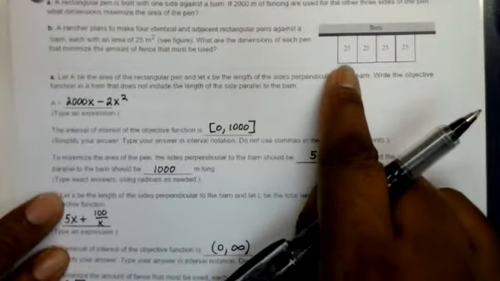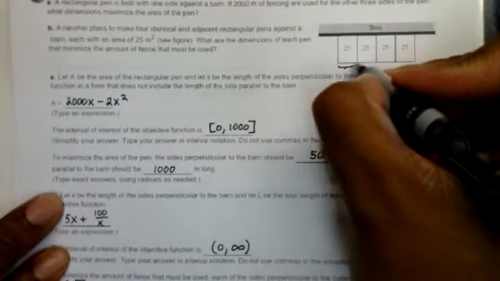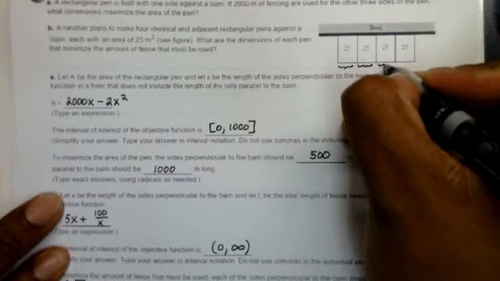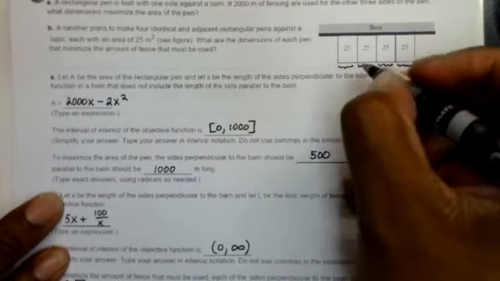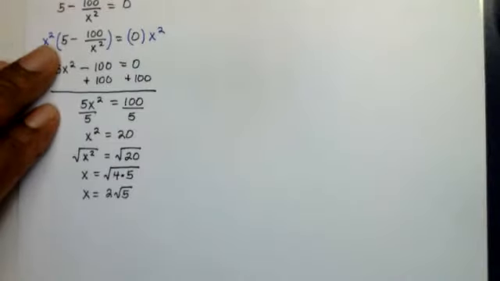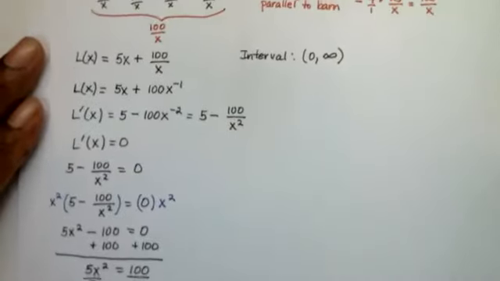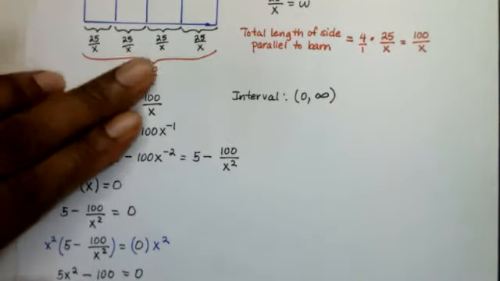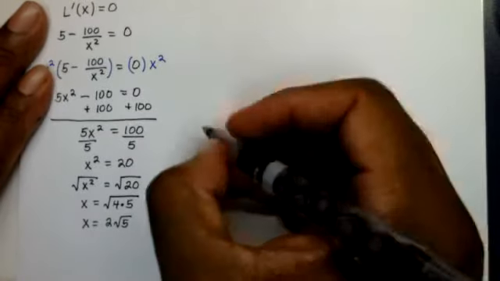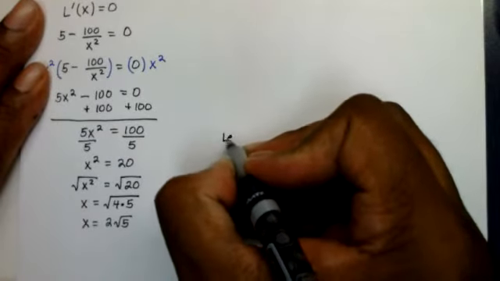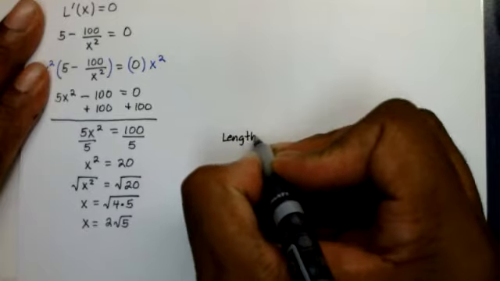That means, if I go back down here, up here, this side, this side, this side, and this side, they want the length of each one of those. All right, so if you recall, the length of each of these sides is 25 over X. All right, so let me write here the length of each side.